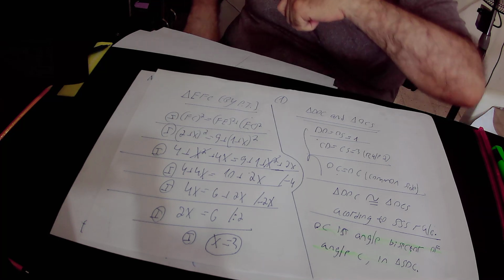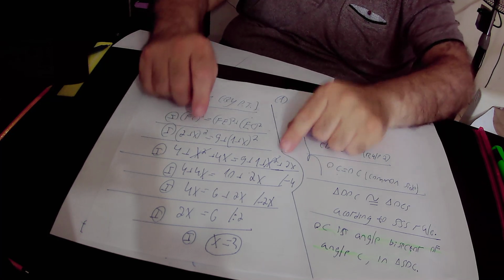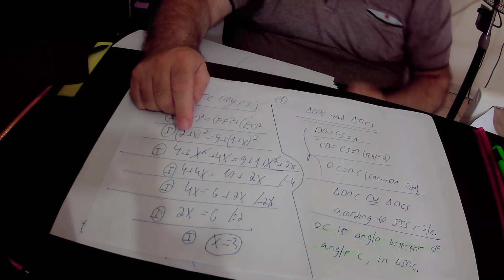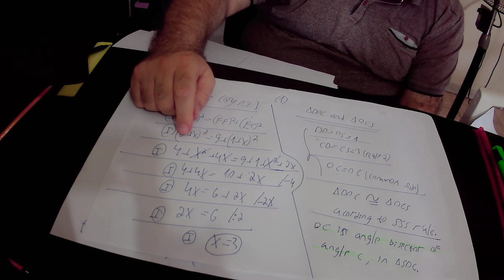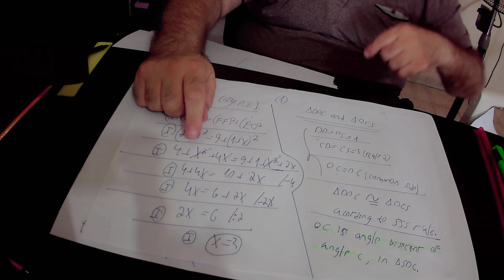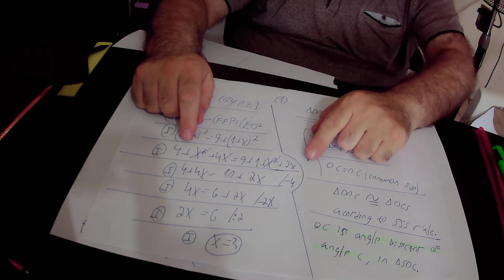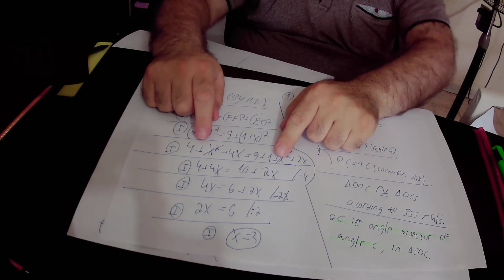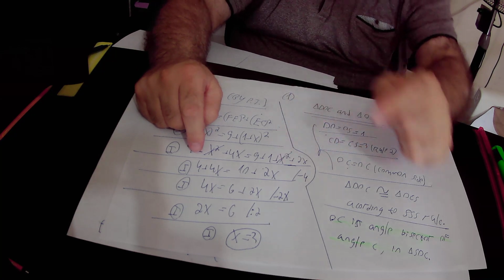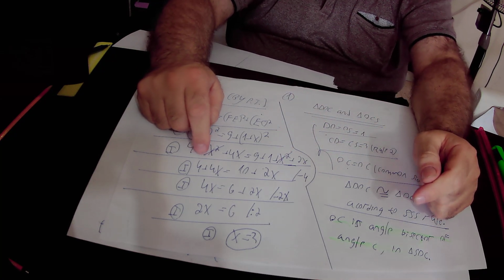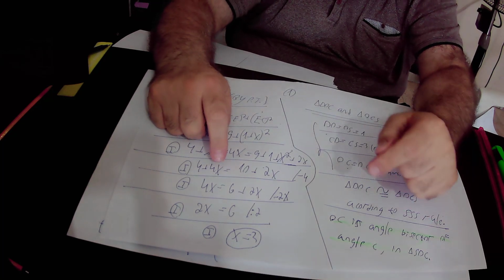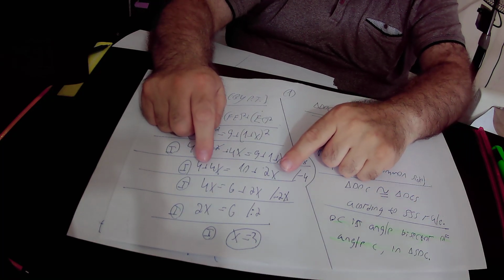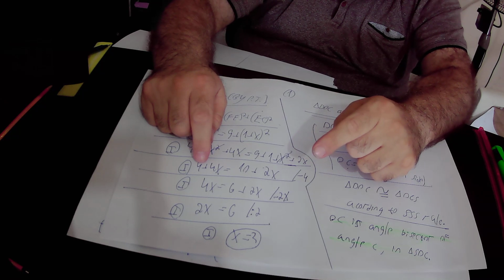So here we have x square on both sides of the equation, so x square will get cancelled. On one side we have 4 plus 4x, and on the other side we have 9 plus 1, that is 10, plus 2x. Subtracting 4 from both sides, we find that 4x equals 10 minus 4, that is 6, plus 2x.